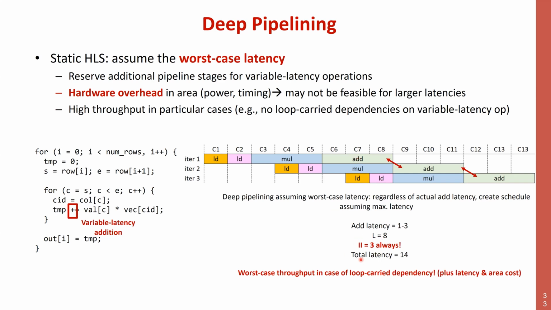I have an adder that can do 1 to 3 cycles, but now I am always starting every 3 cycles, and I'm getting a terrible throughput, right? Because this is a throughput as if my adder were always slow, if my variable latency were always the worst possible.